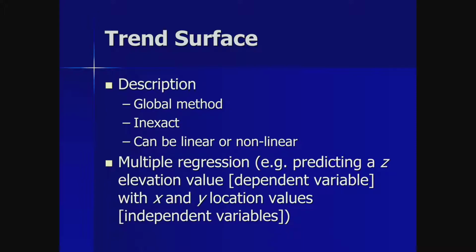It can be linear or nonlinear. If it's linear, the residuals are going to be larger because it's basically just trying to fit a flat plane through all the surface. It's basically a multiple regression in 3 dimensions rather than just in 2 dimensions.